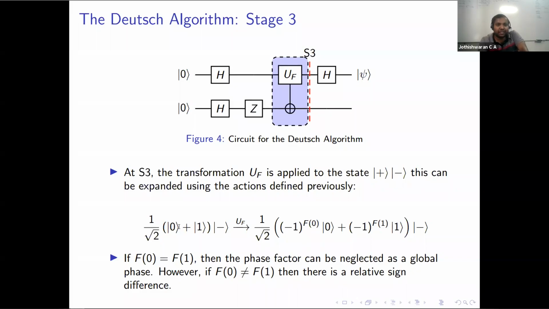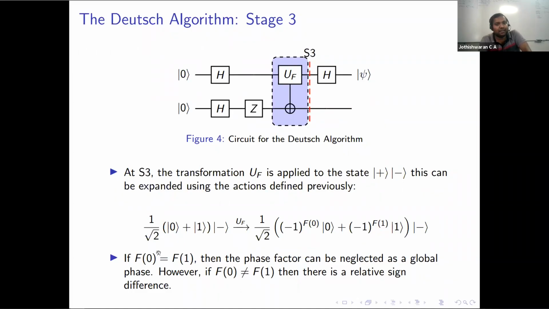So the input state here is (|0>-|1>)... that is, |+>|->, and when U_f is applied, I get (-1)^f(0)|0> plus (-1)^f(1)|1>, tensored with |->, with factor 1 over root 2. I'm factoring the minus out entirely.